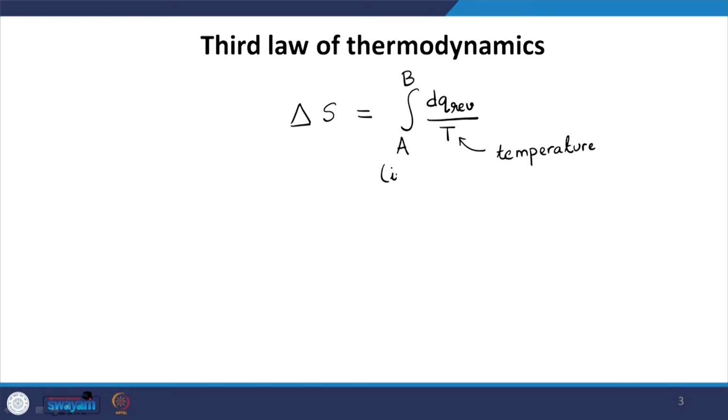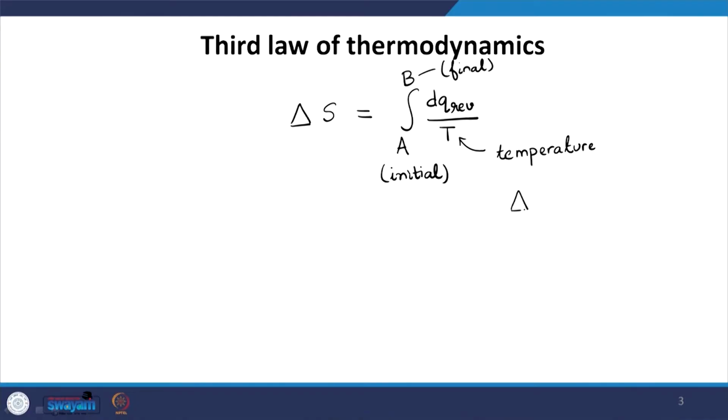So, A is my initial state and B is the final state. Keep in mind that that definition is only true when the process is reversible. If on the other hand we have an irreversible process, what is always true is that delta S is higher than the integral of dq over T, where Q is now the heat added for the irreversible process.